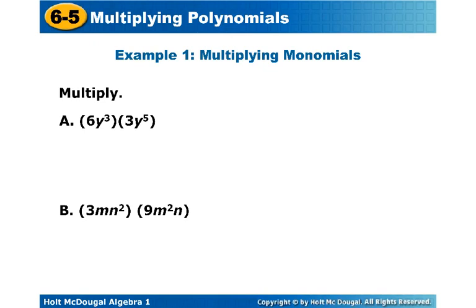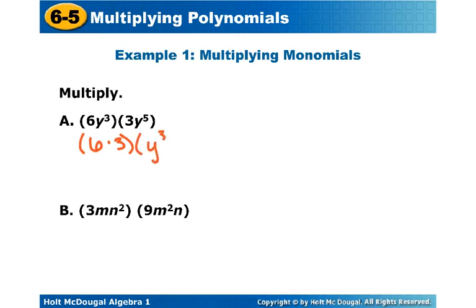So here we go, multiplying monomials. So with the first one here, you have 6y cubed times 3y to the fifth. We're just going to group it first so then you guys can see how this is done. So I'm just going to group the coefficients first. So I'm going to take 6 times 3. And then I'm going to group my variable terms.